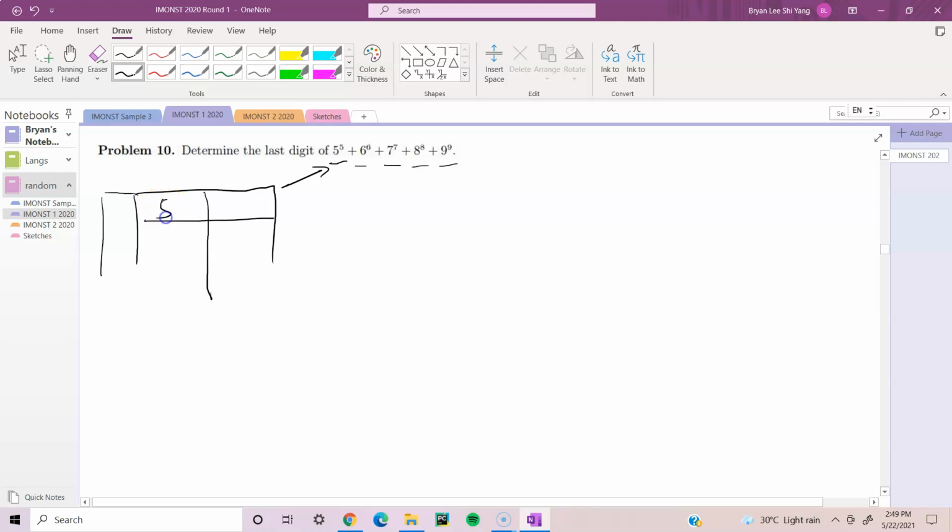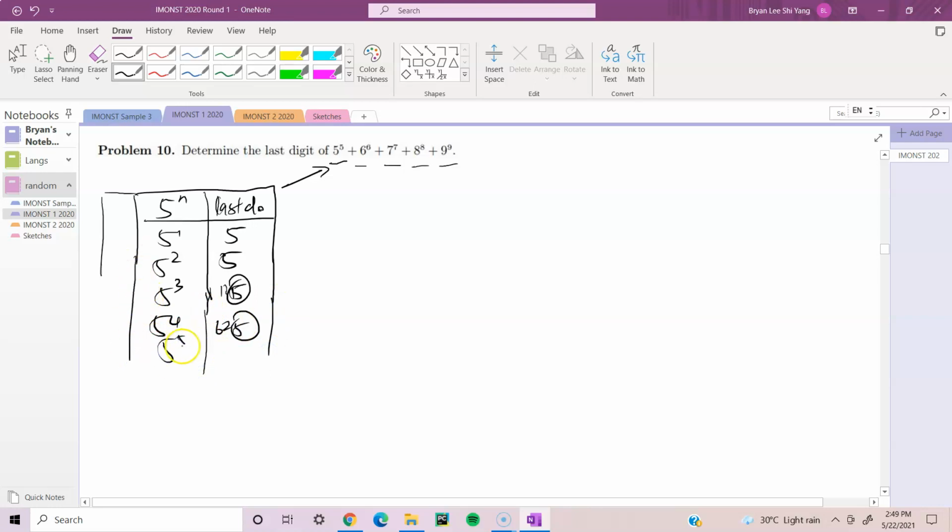So 5 to the power of n, then the last digit, LD from now on. 5 to the power of 1 is just 5. 5 to the power of 2 is 5 times 5, 25, the last digit is still 5. 5 to the power of 3, 25 multiplied by 5 gives us 125, still 5. 5 to the power of 4, we have 625, the last digit still being 5. And finally, 5 to the power of 5 gives us 3125, still 5.